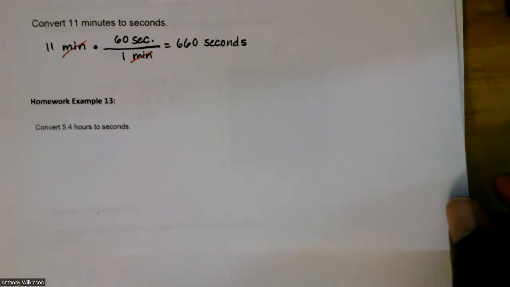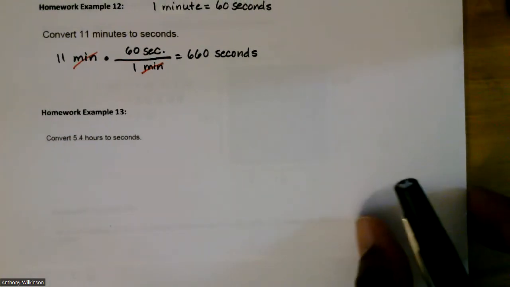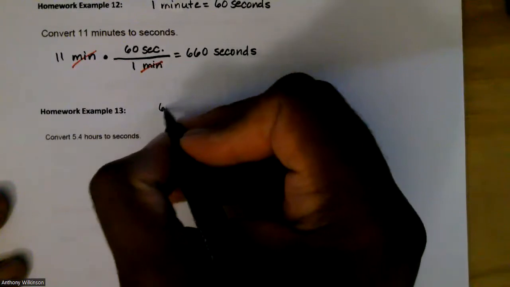All right, next we'll look at converting 5.4 hours to seconds. Of course, 60 minutes is 1 hour.